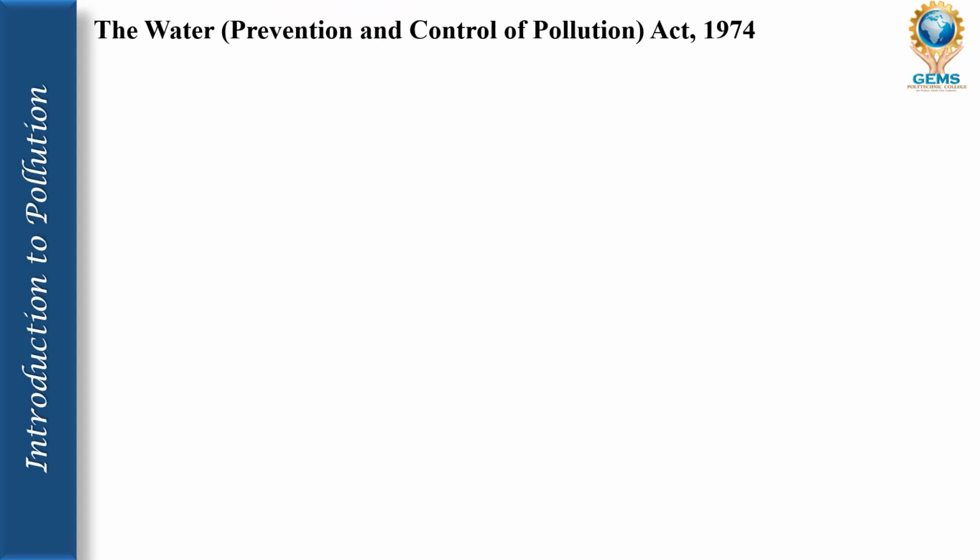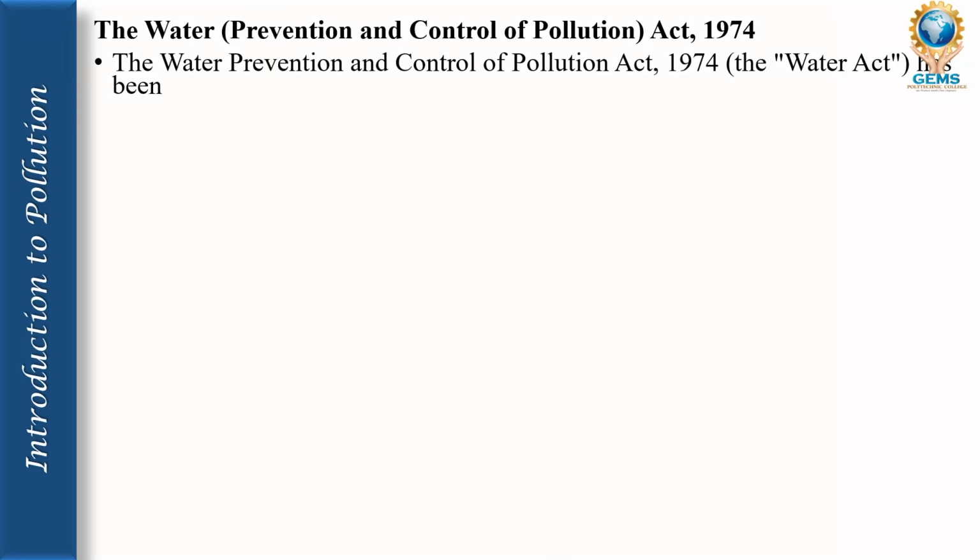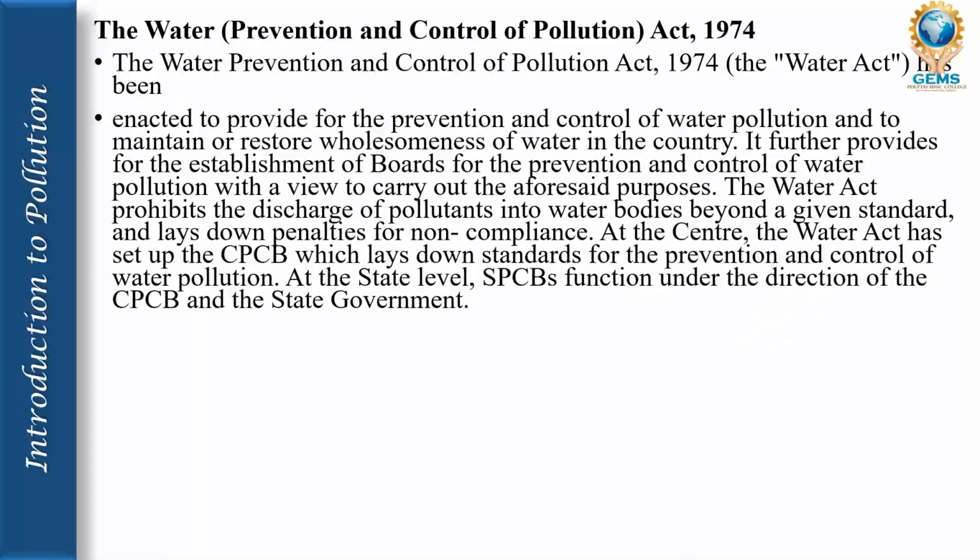The Water Prevention and Control of Pollution Act 1974, called the Water Act, was basically enacted to provide for the prevention and control of water pollution and to maintain or restore wholesomeness of water in the country. It further provides for the establishment of boards for the prevention and control of water pollution with a view to carry out the aforesaid purposes.